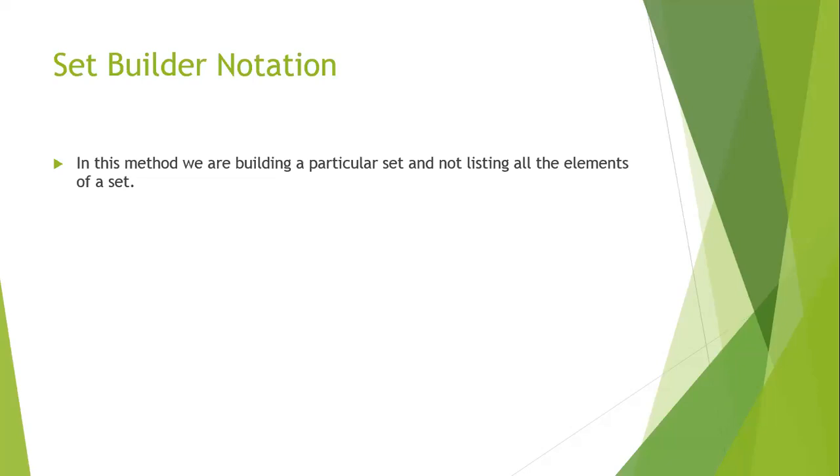Writing the counting from 0 till 10,000 does not make sense. It is impractical and time consuming. So we save our time and do not list all the elements of the set. For this, we build a method, and that method is called set builder notation.